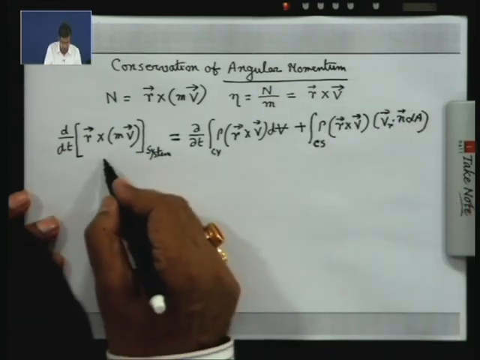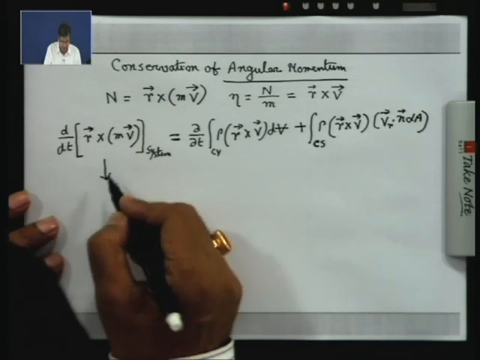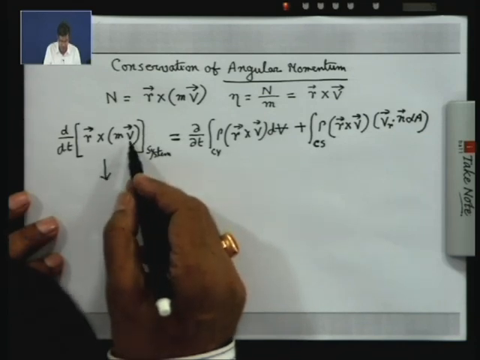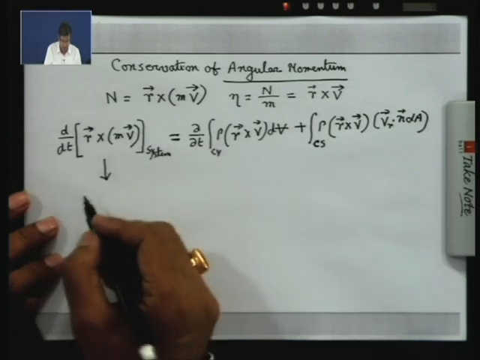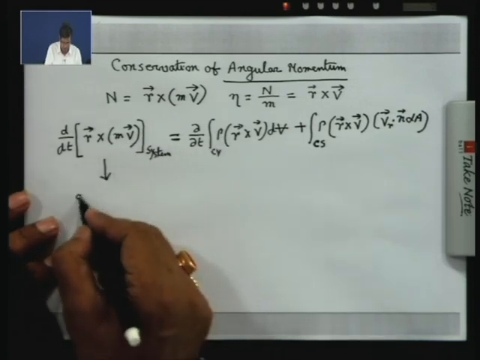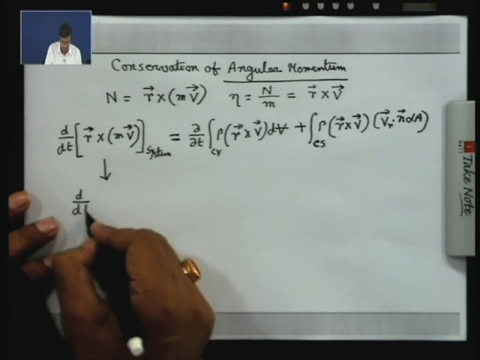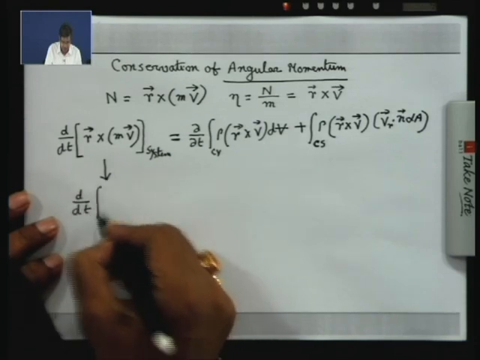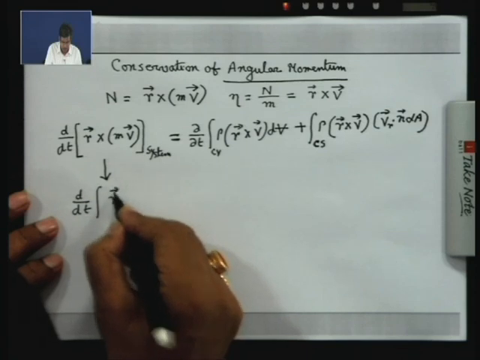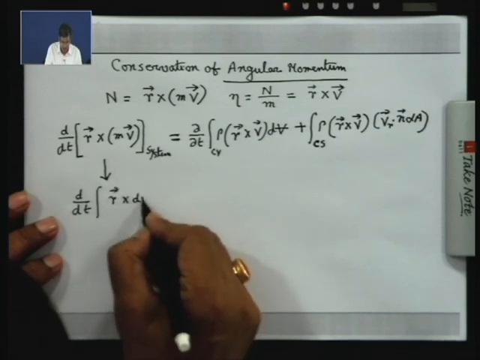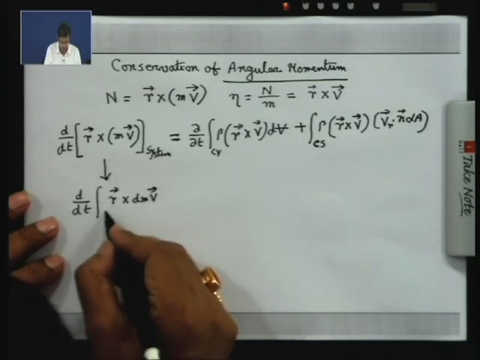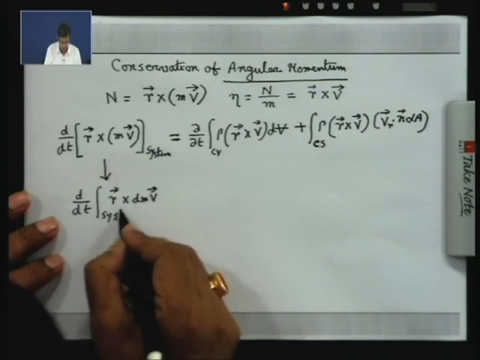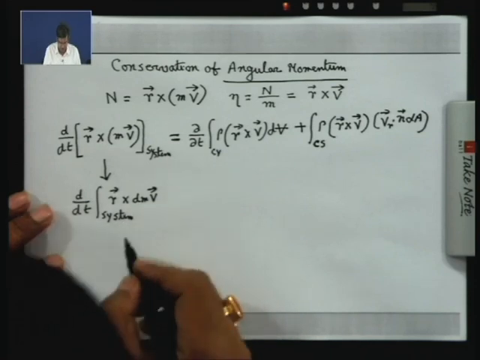In a similar way, we can write this by taking care of the variation of the velocity and the momentum within the system. It is another way of writing. People write d dt of the integral of r cross v dm, considering an elemental mass where the velocity v is defined and the radius vector r over this system, when it is varying.